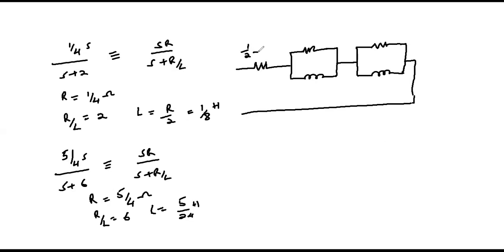The resistor here is a quarter ohms, and this is 1/8 Henry. This is 5/4 ohms, and this is 5/24 Henry as our inductance. And that is the Foster series implementation of the RL network.